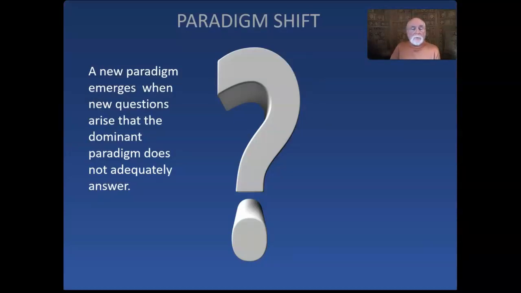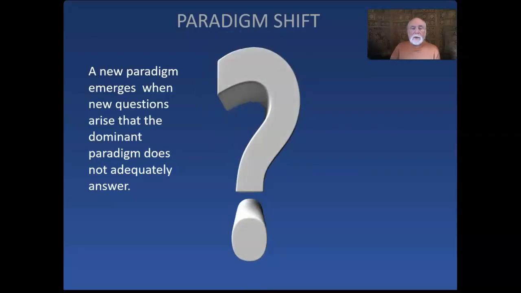The theory tree has been a dominant, I think the dominant paradigm over the last 2 decades for illuminating the distribution of theorists across the different branches of the theory tree. But a new paradigm emerges when new questions arise that the dominant paradigm does not adequately answer. And that's the situation that we face now.